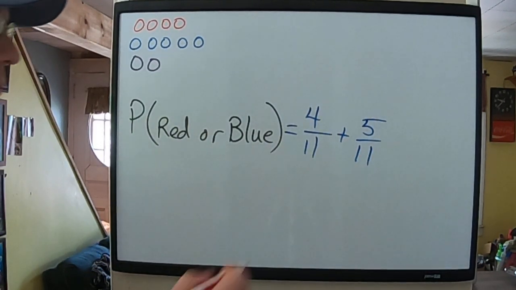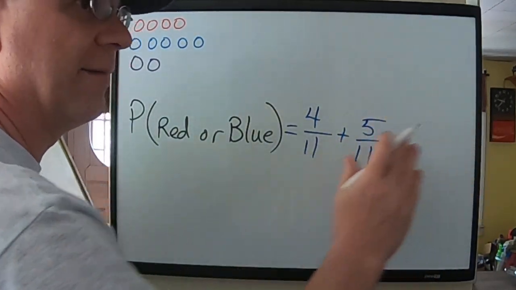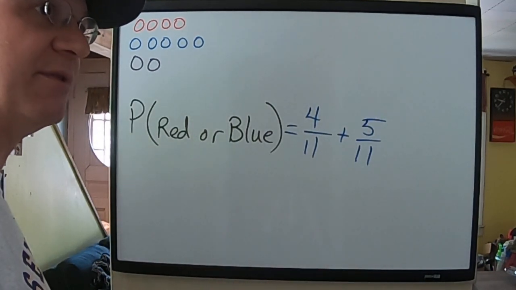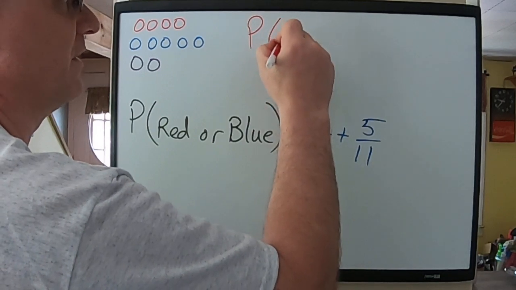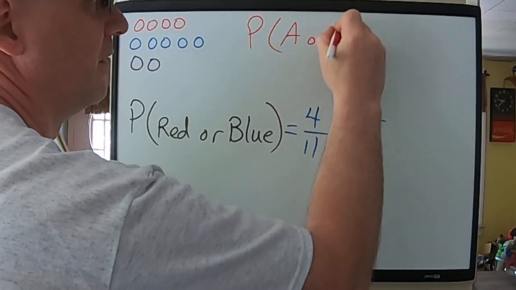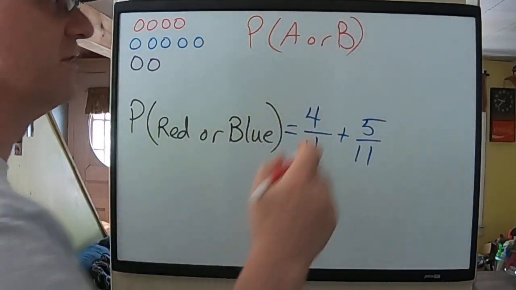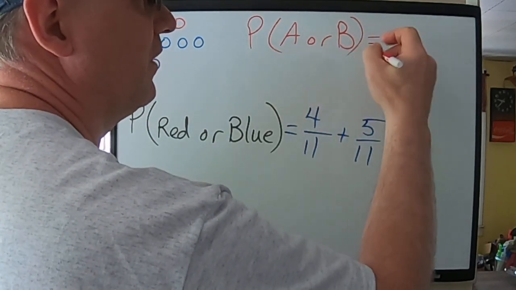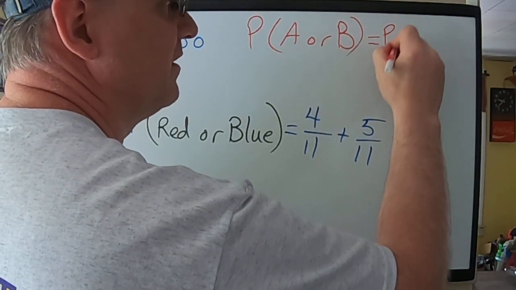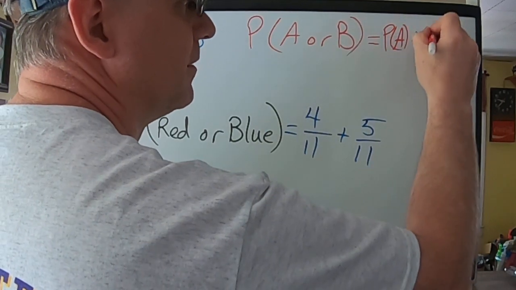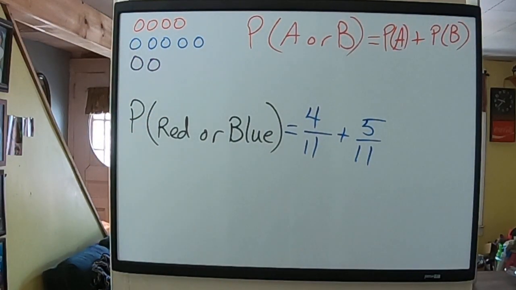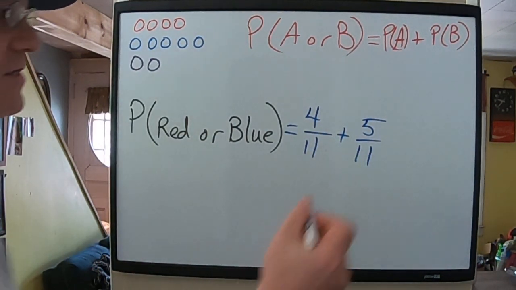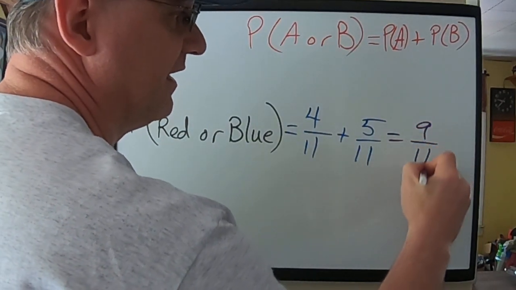And the answer is no. So there's no overlap. That minus part's not going to happen. That's what happens when you have mutually exclusive situations. When they're mutually exclusive, then the probability of A or B is probability of A plus probability of B without the minus A and B. But they have to be completely separate problems. So this comes out to 9 out of 11.